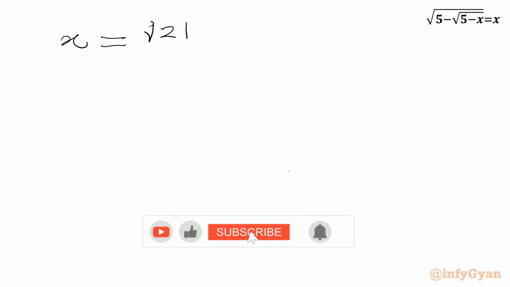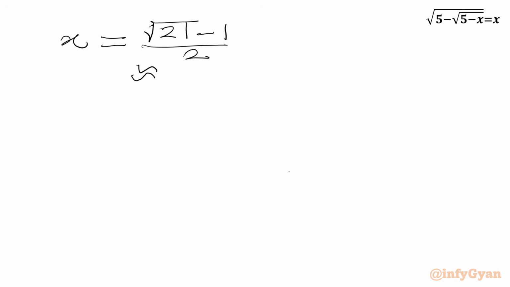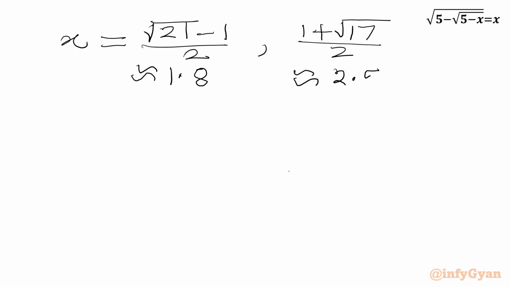Let me write here x equal to square root 21 minus 1 over 2, somewhere approximately 1.8, and second value is 1 plus square root 17 over 2, approximately it is 2.51. Condition on x is it should be greater than or equal to 0, less than or equal to square root 5.